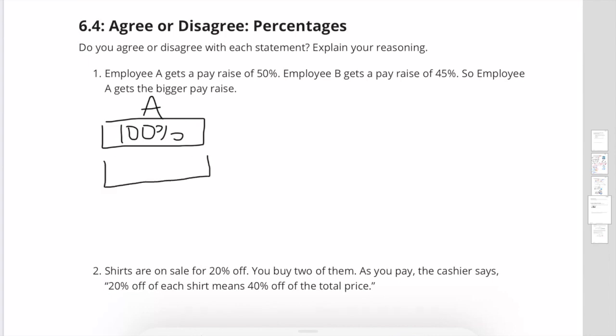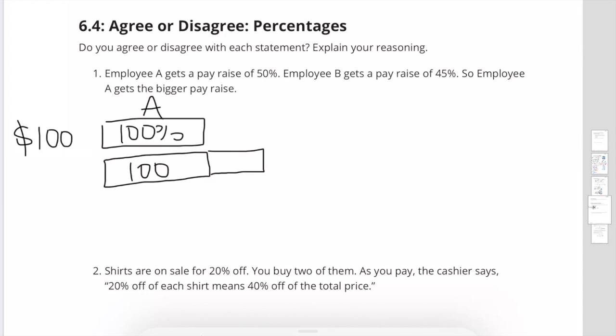And we know it's a 50% pay raise. So let's say employee A made $100 a day. And employee A gets a pay raise of 50%. So how much money is employee A making now?